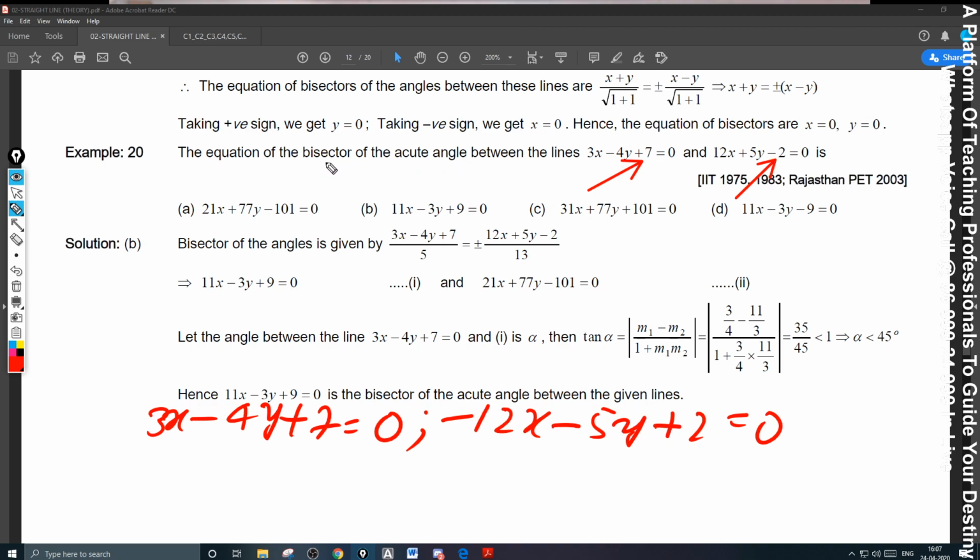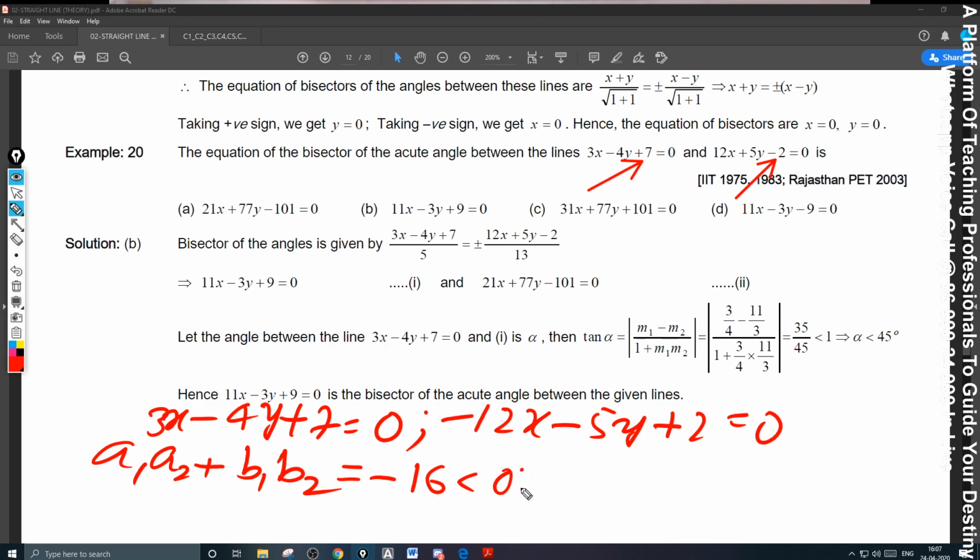What do we need? The bisector of the acute angle we need. So find A1, A2 plus B1, B2. What is A1, A2? Minus 36 plus 20, minus 16, less than 0. And hence the acute angle bisector is got by taking the opposite sign, because it is negative.